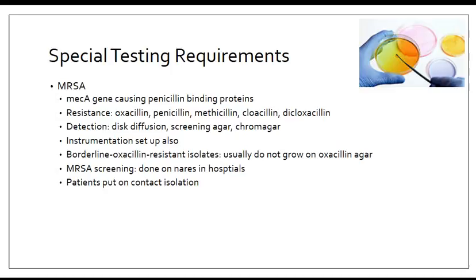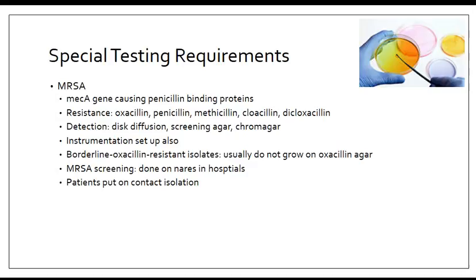To detect it, we can do the oxacillin disc diffusion with a disc on a plate, the oxacillin screening agar that you just streak the organism on, and there's also the chromagar that is used. But with these, instrumentation should be set up also.